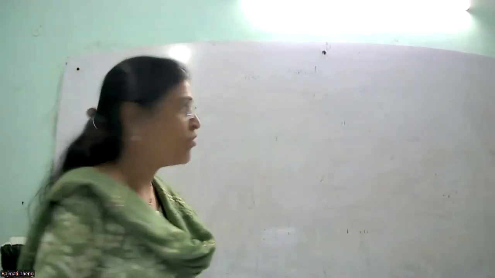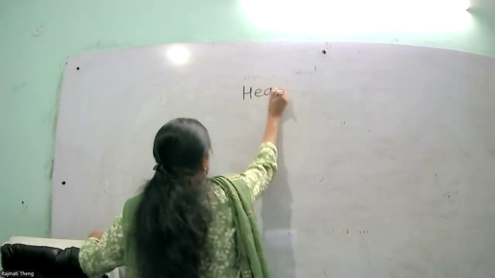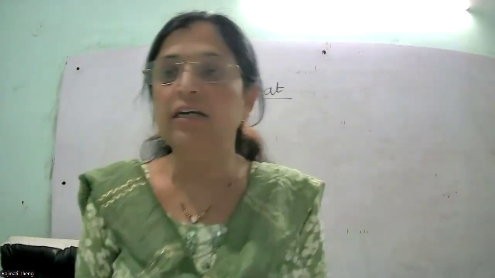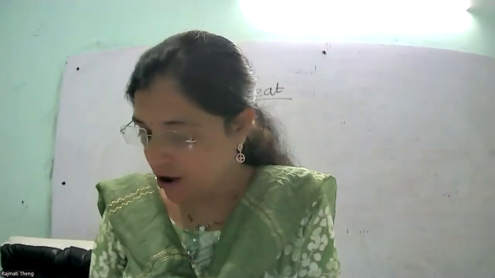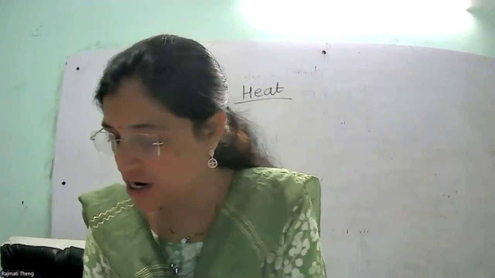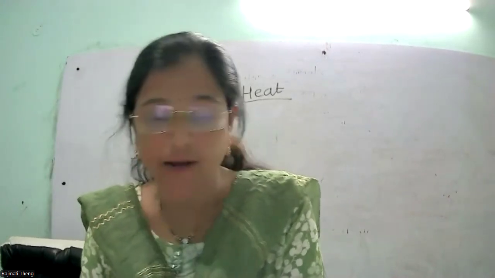So, dear students, today I am taking a revision of your next chapter, that is the heat chapter. Heat is the form of energy which can be transferred from a part of a system having higher temperature to the part of the system having a lower temperature.